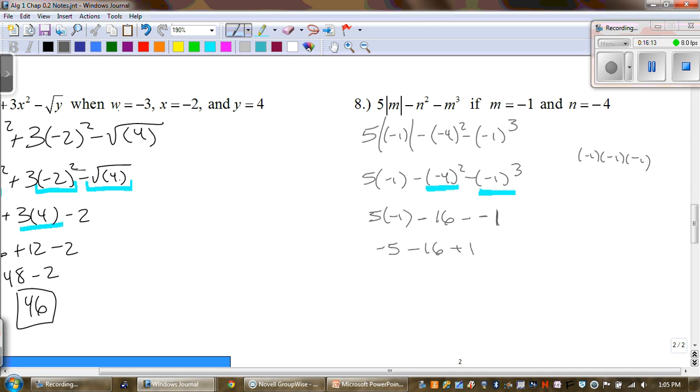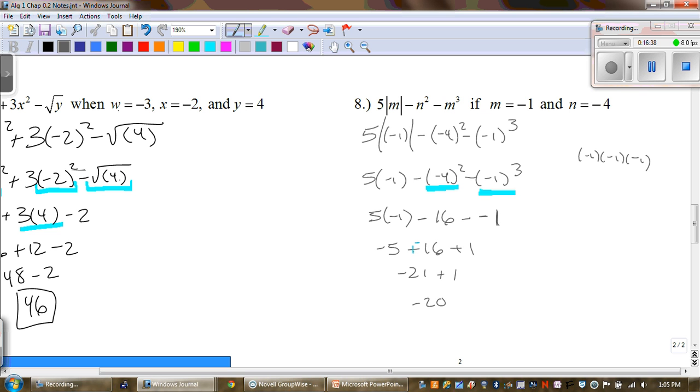Now, add the opposite, so we get -21 plus 1. And then after that, -21 plus 1, we get -20.